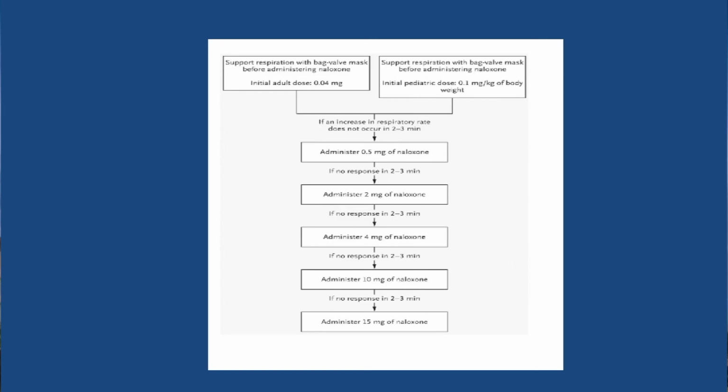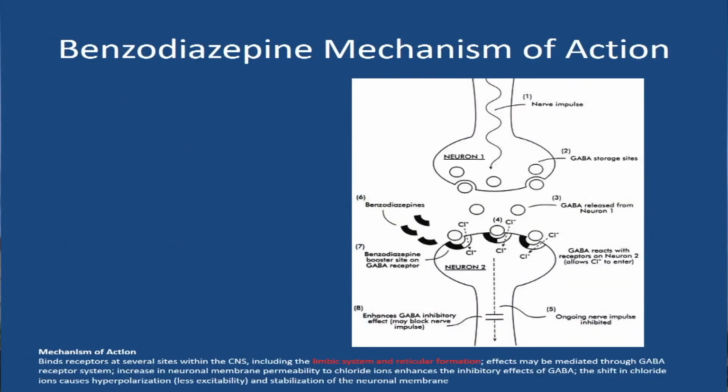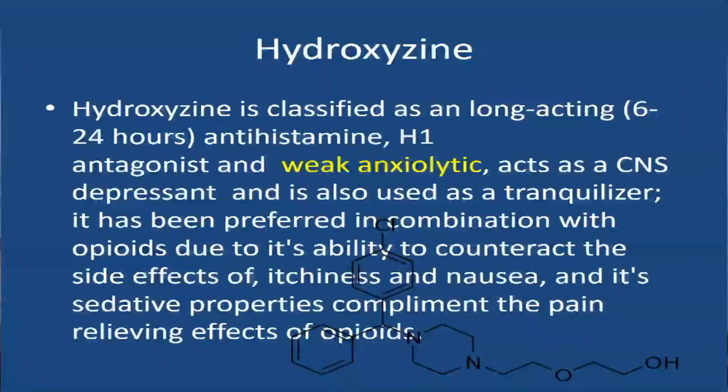Here is a larger dose, even up to 15 milligrams here. So follow those diagrams, follow those dosages, and we know about the mechanism of action. We're trying to reduce this when we give an antagonist so that it removes the opioid from those positions.